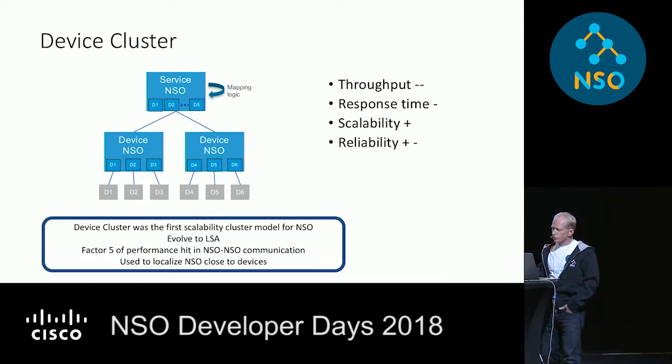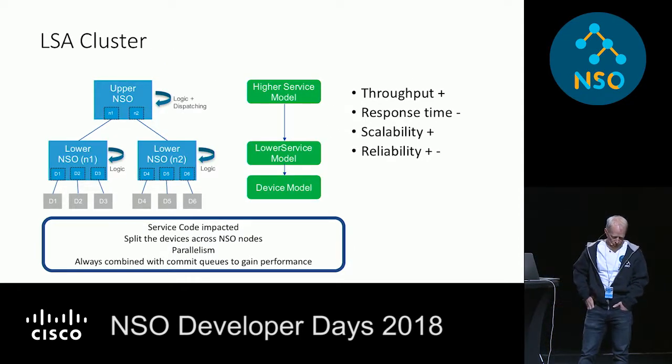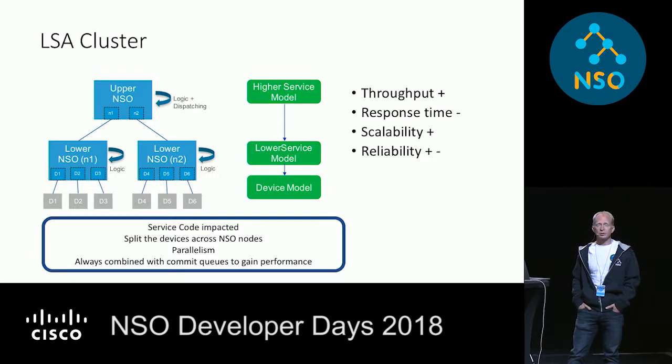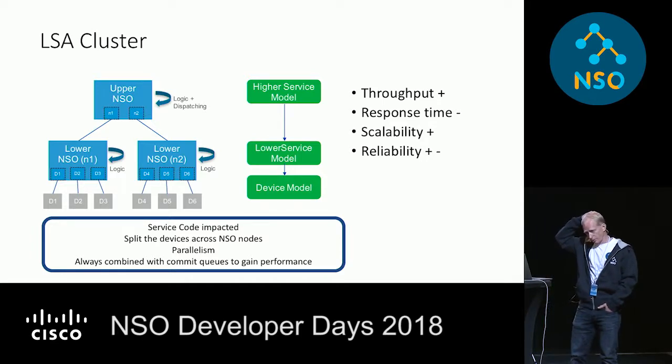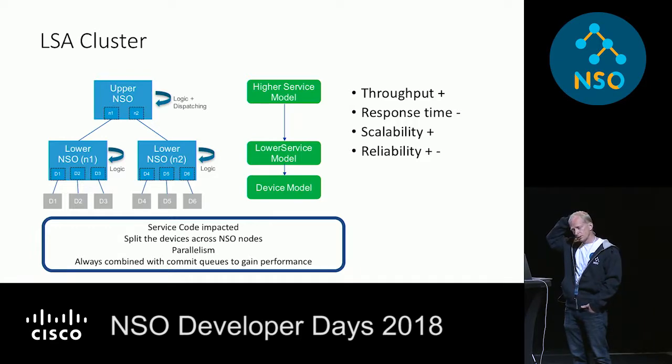So in response to the performance issues with the original device clustering solution, we came up with another design when we hit this performance wall, if you like, and we had exhausted our abilities to optimize the device cluster.